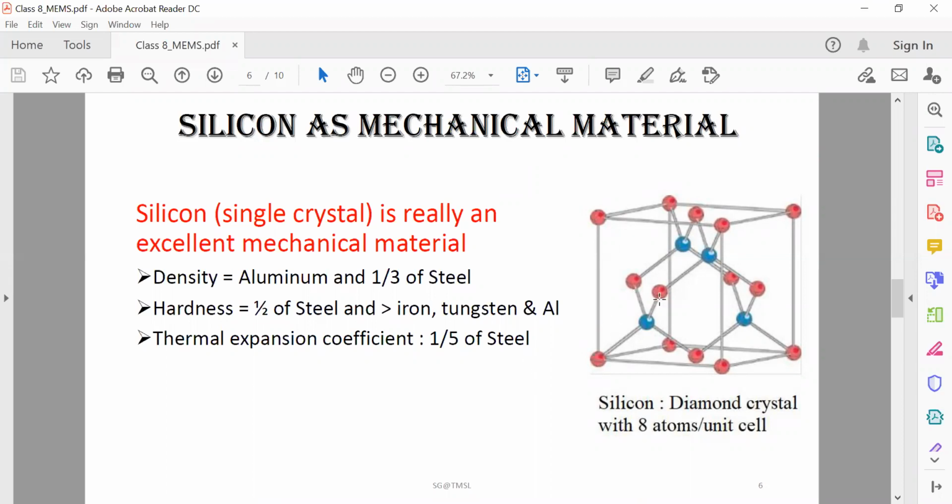Its density, as we have seen, is nearly equal to aluminum but one third of steel, so silicon is lighter than steel. In the second point, its hardness is half of steel and greater than iron, tungsten or aluminum.